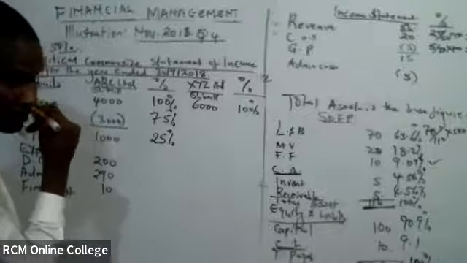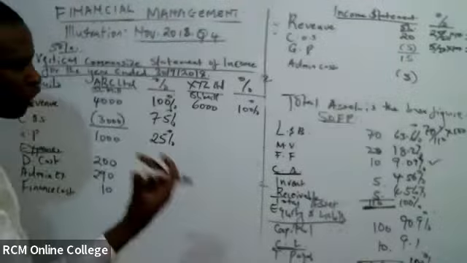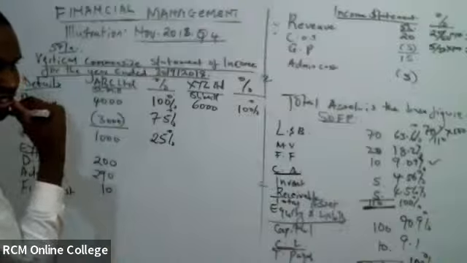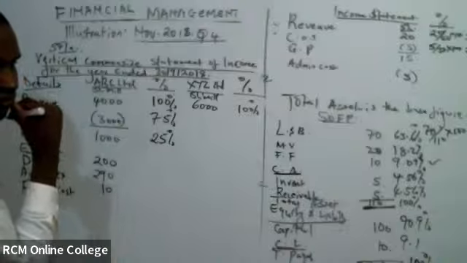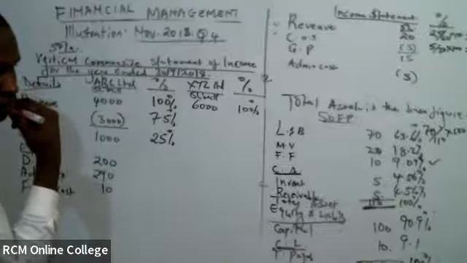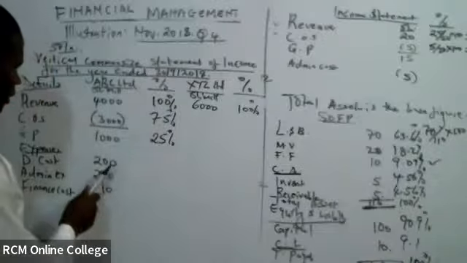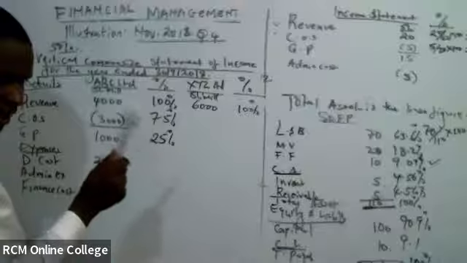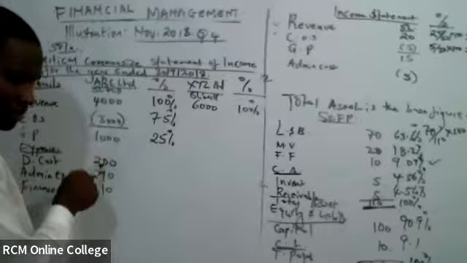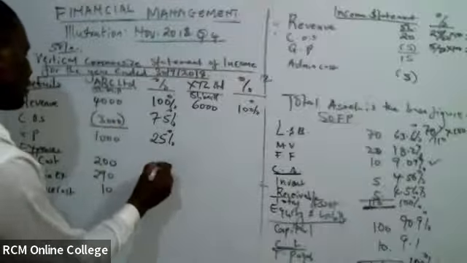Of course, we are expressing this as a percentage of sales. What is the proportion of the distribution cost as far as the sales are concerned? When you divide this 200 as a percent, always remember, as a percentage of sales, it is 5%.